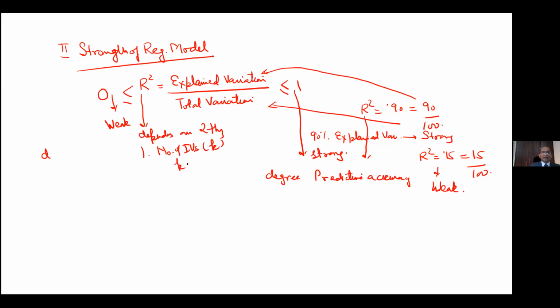If k is large, then R square inflates. Second is the size of the sample, n. If n is low, then R square inflates and vice versa, right?